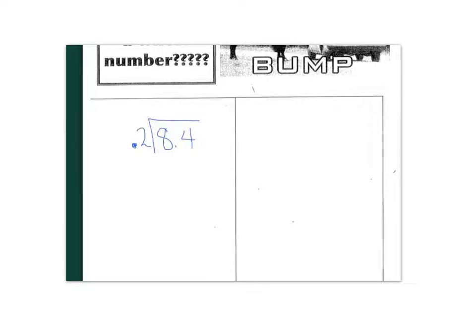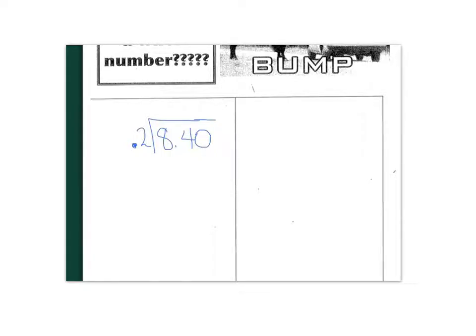What if I had $8.40? Let's write it like money. And I wanted to know how many groups of 0.2 can I get out of $8.40? 0.2 is the same thing as 20 cents. I want to know how many groups I can get out of that $8.40.